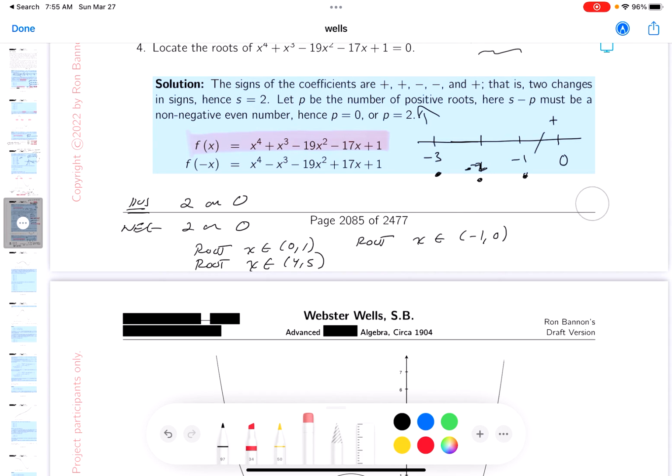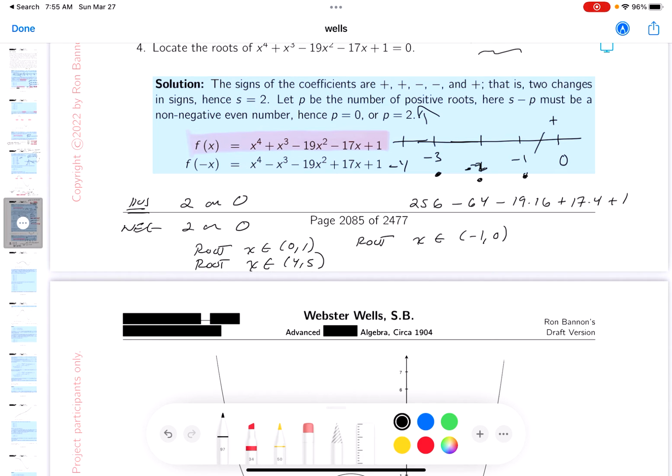We're going to move to minus 4 now. And see what happens. So at minus 4, what do you get? 256 minus 64 minus 19 times 16. And then you can get plus 17 times 4. It's more challenging. Plus 1. Let's see.